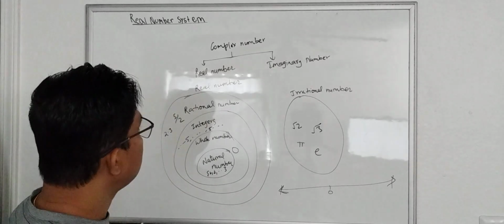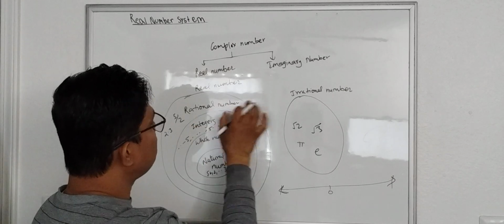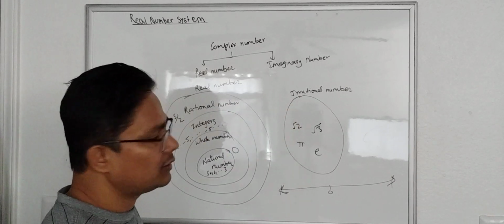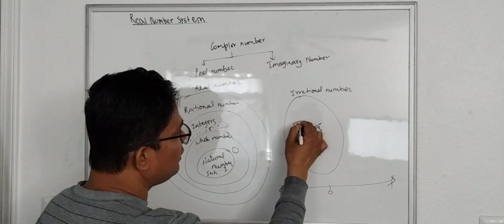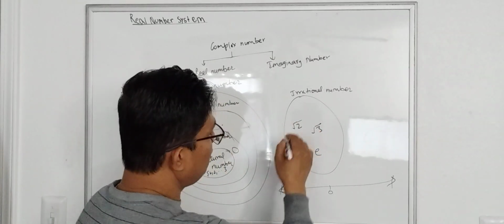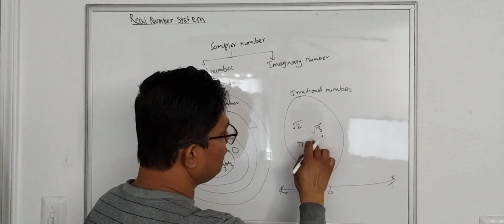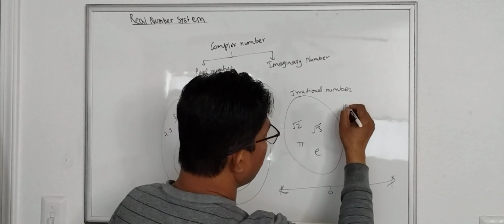Now real numbers are of two types: one is rational numbers, one is irrational numbers. Irrational numbers are numbers like the square root of 2, the square root of 3, pi, or e. Let's say pi.